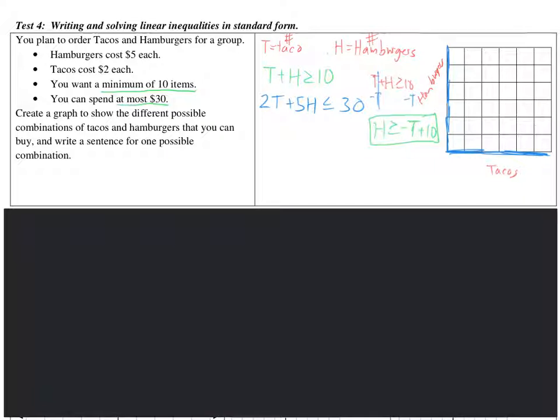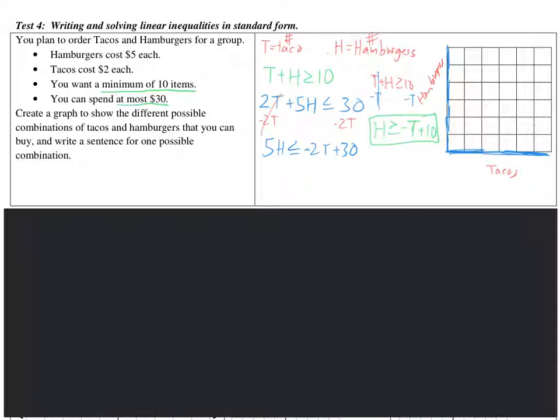My other one, I've got to rewrite so I get h by itself. So for this one, how do I get h by itself? Don't you minus the 2t over? So can I minus the 2t over? And I now have 5h is less than or equal to negative 2t plus 30.